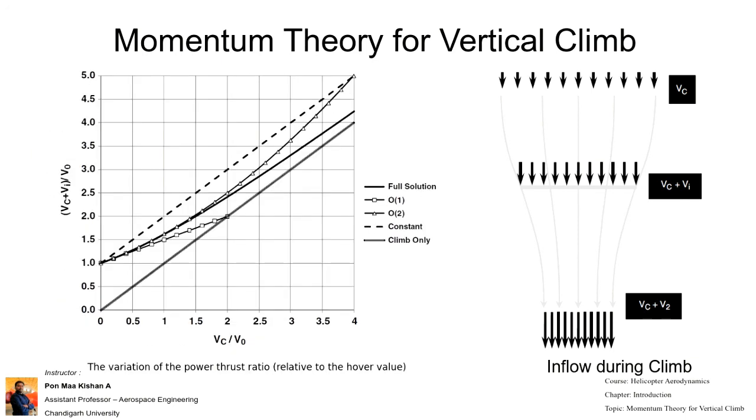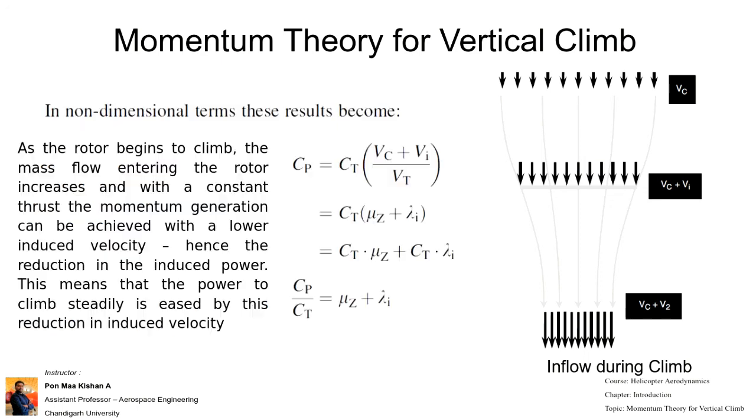Converting into the coefficient term, that is, non-dimensional form: coefficient of power by coefficient of thrust with respect to the velocity. We have already seen Vi by tip speed is given as lambda i, that is, the coefficient of induced velocity.